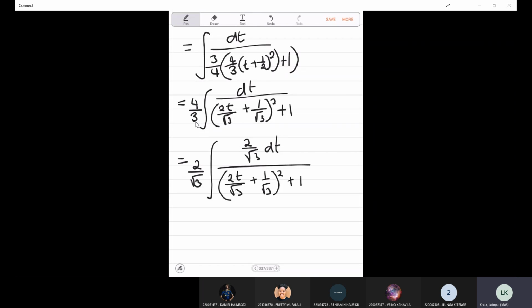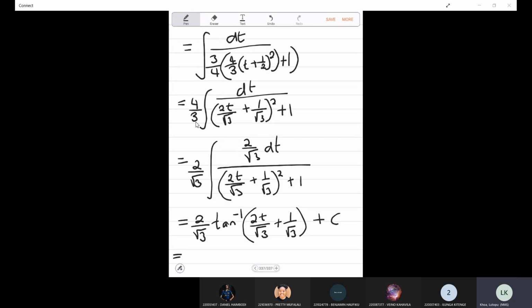Okay, so now it's just a matter of integrating. So this is 2 over the square root of 3, and then we have tan inverse of 2t over the square root of 3 plus 1 over the square root of 3, and then we add our constant of integration. Then keep in mind that there was no t in the question originally, so what we need to do is rewrite t in terms of x.